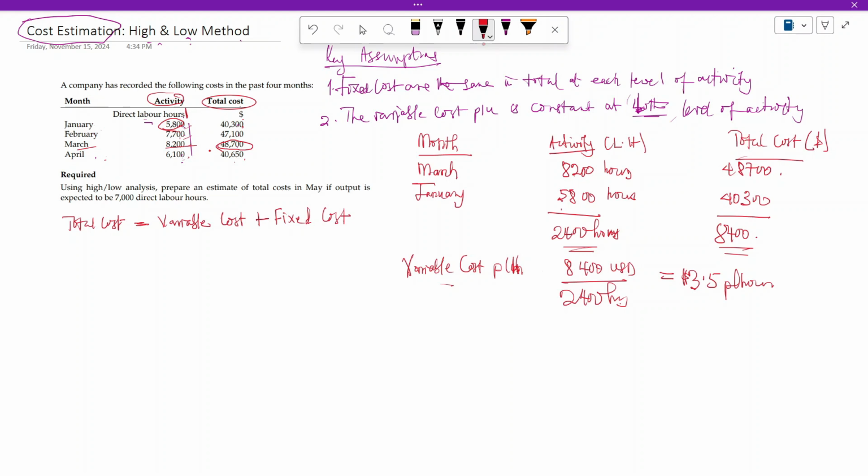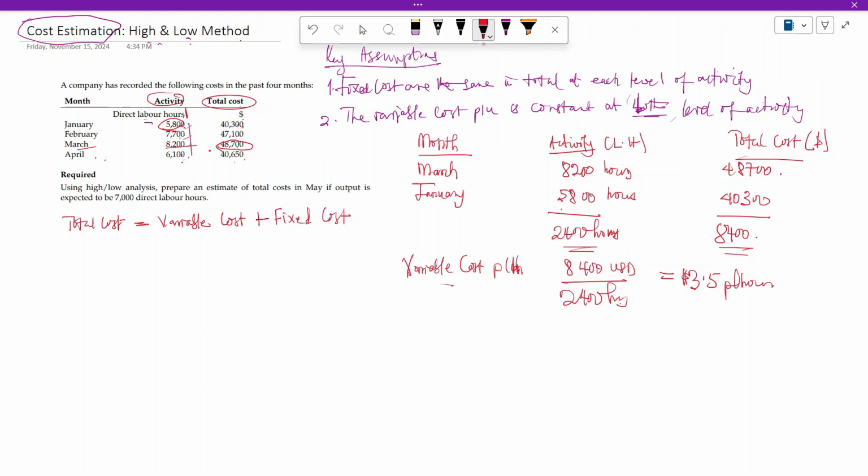Okay, so if you add the variable cost and the fixed cost, you are going to get the total cost. Now we want to estimate the total cost of anything that we are doing, any activity or any product.